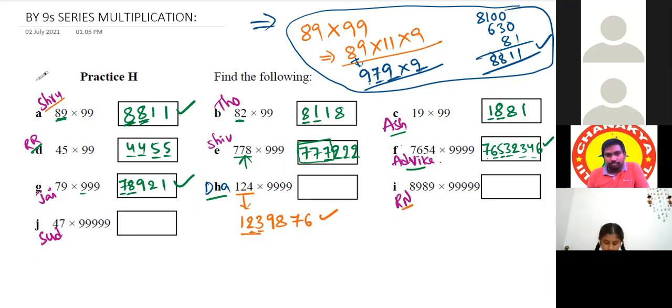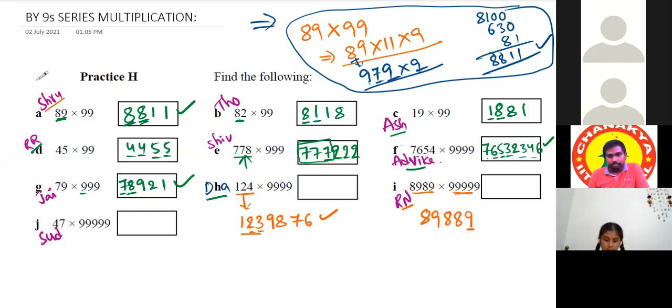Ritvik. Yes, sir. First we have to take 8, 9, 8, 8. Wait, here how many digits are there? Sir, 4. But how many 9s are there? Sir, 5. So we have to add another 9, an extra 9 here. Yes, sir.